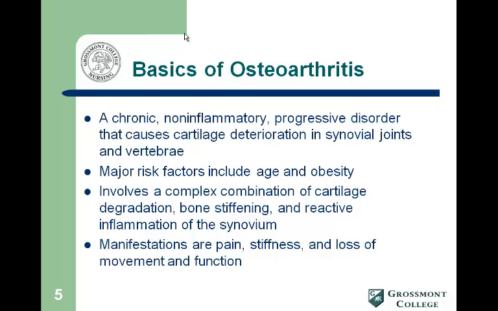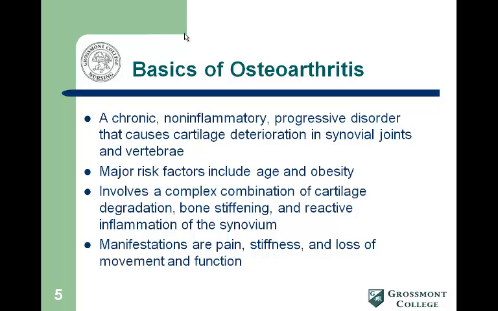So that is a chronic, non-inflammatory progressive disorder that causes cartilage deterioration in the joints. Okay, so risk factors for this, it's generally called the wear and tear disease. It's going to happen as people get older, and if they've been very active and athletic, it may come on at a younger age.